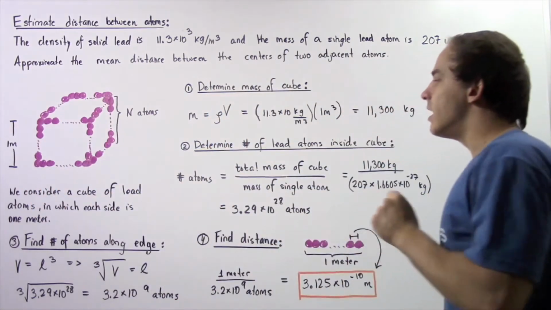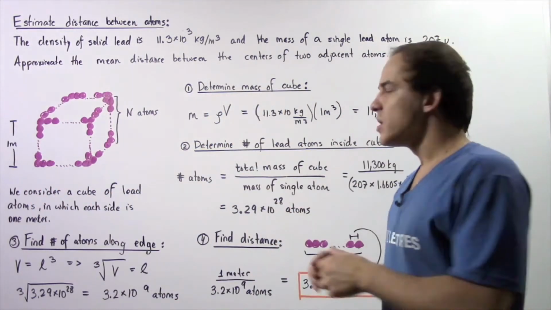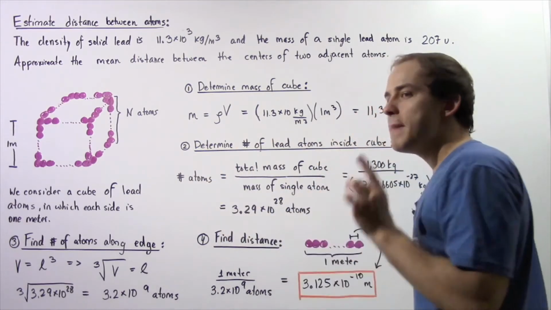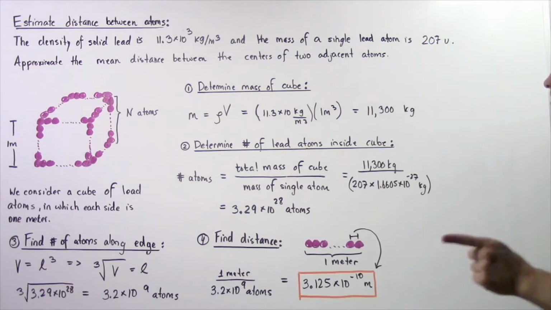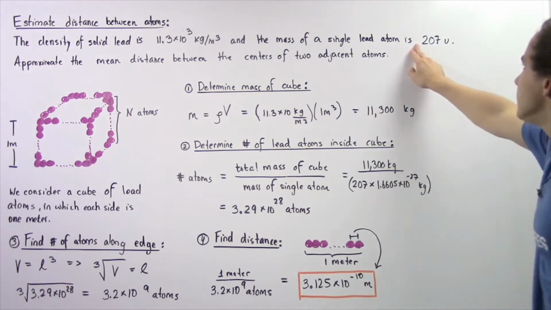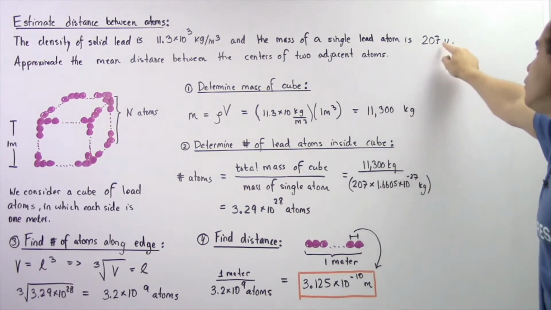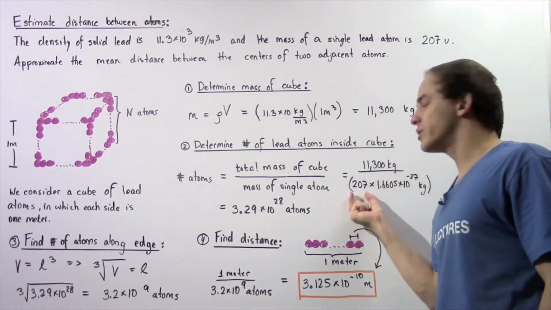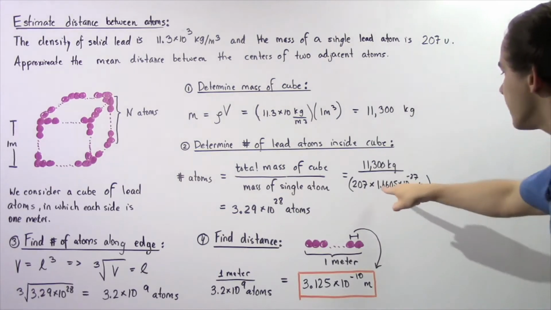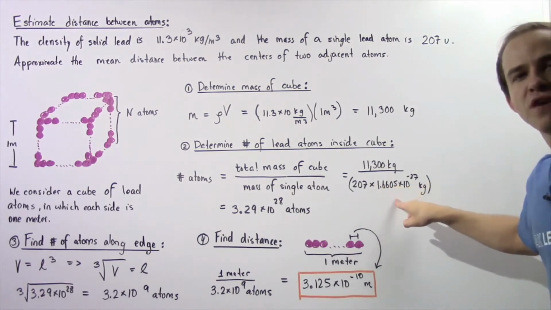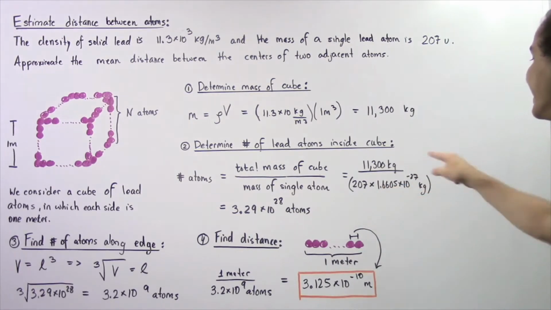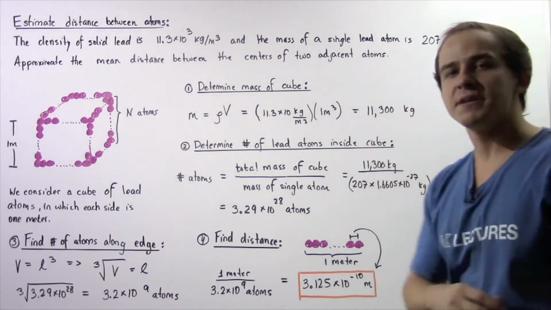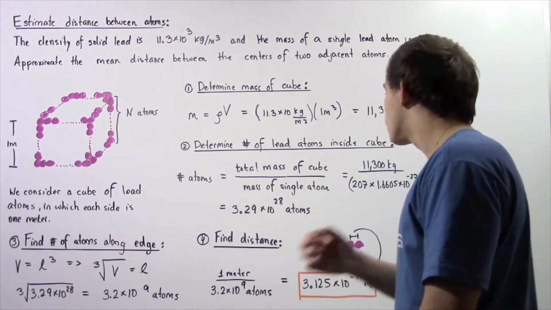Now, in step 2, we want to determine the number of lead atoms inside this entire cube. To calculate the number of atoms inside the cube, we take the total mass of the cube and divide by the mass of a single lead atom. The mass of a single lead atom is 207 unified atomic mass units. So we take 207 and multiply by 1.6605 times 10 to the negative 27 kilograms to convert from unified atomic mass units into kilograms.